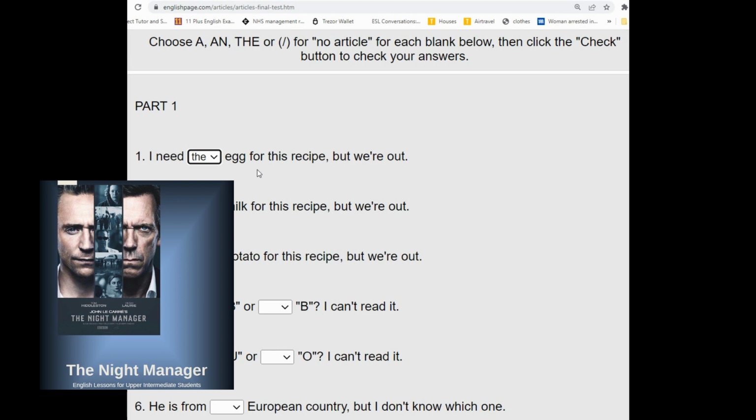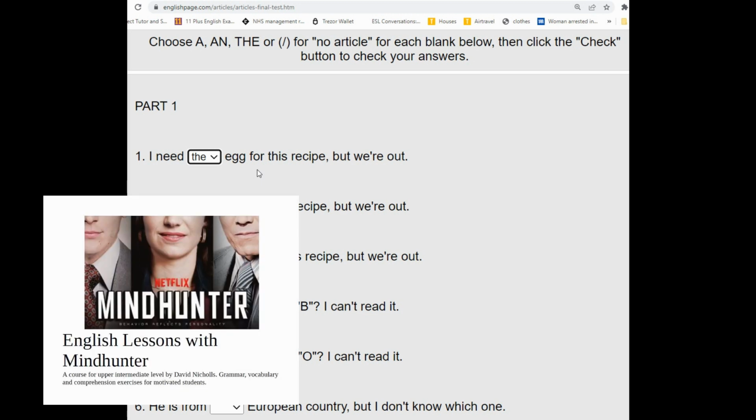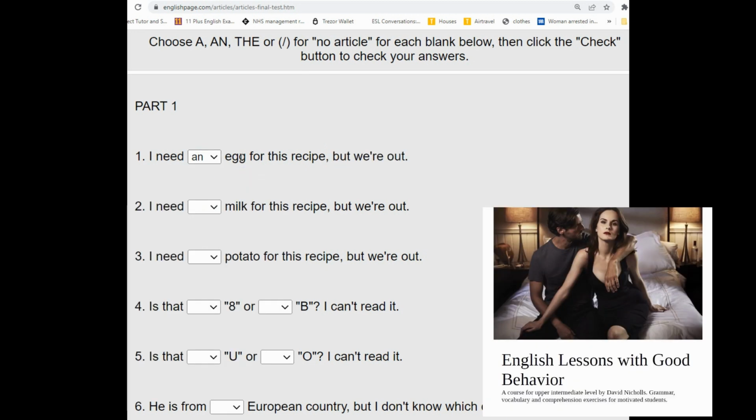Maybe the other person says to you, oh, I have just eaten the last egg, and you say, well, I needed the egg for this recipe. How dare you eat that last egg? Then it could be the, but most of the time it's going to be an, and so I know that that's the correct answer here. I need an egg for this recipe, but we're out.